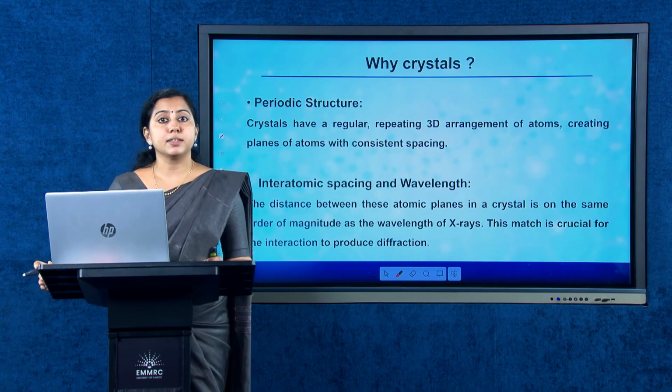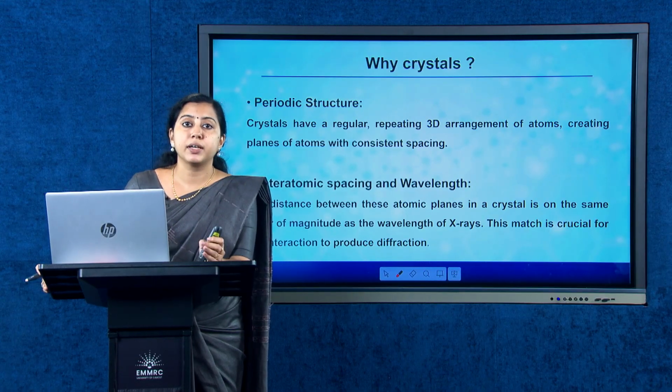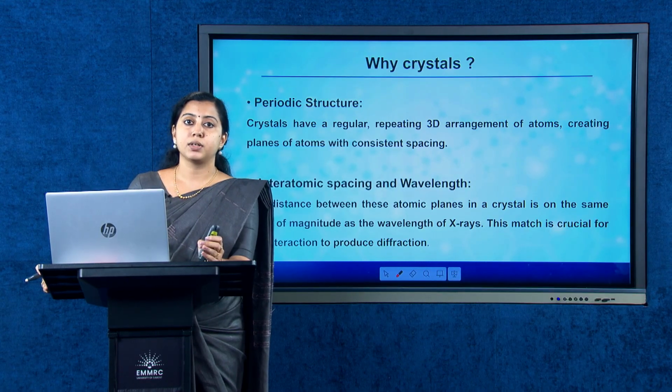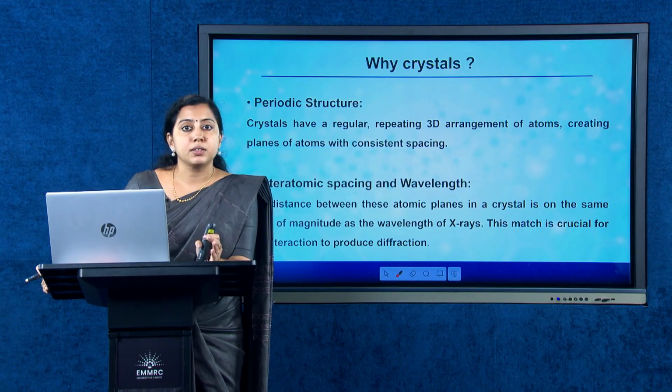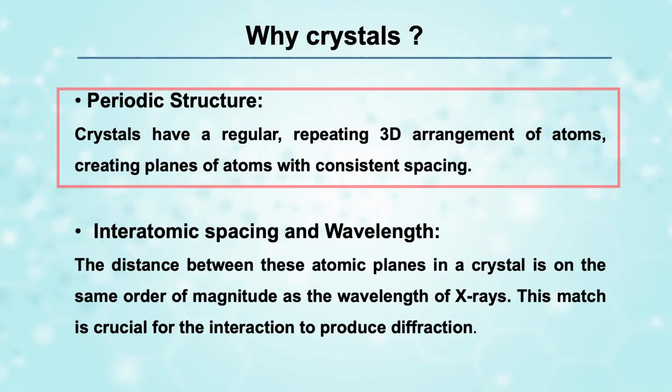Now, the question arises, why can crystals be used as diffraction gratings for X-rays? The first point is their periodic structure. We have seen that crystals or crystalline solids have a regular repeating 3D arrangement of atoms, creating planes of atoms with consistent spacing.